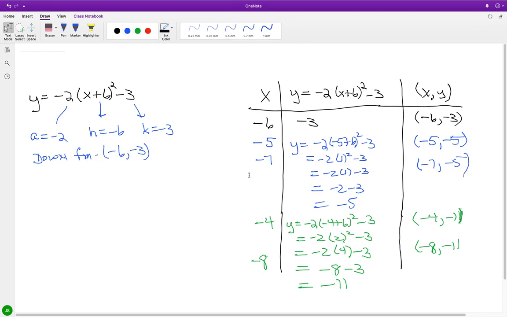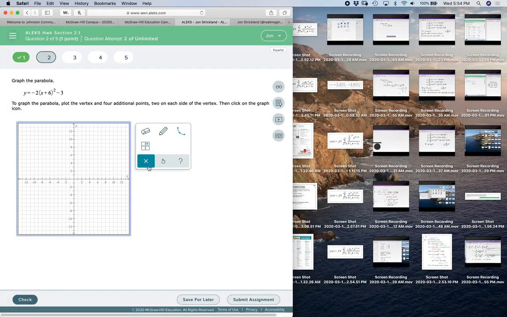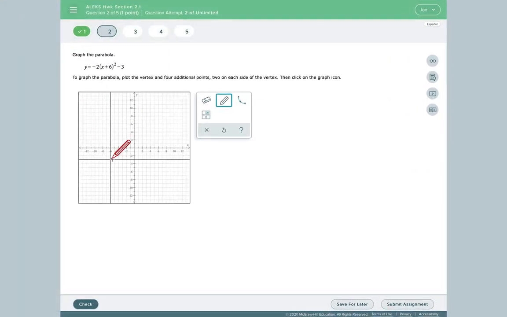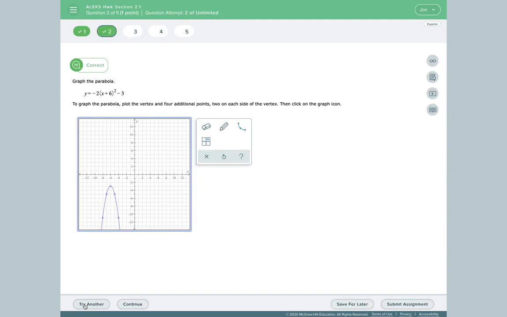Alright, so reverting back to the graph, with our points, again I have negative 6, negative 3, and I have negative 7, negative 5, also negative 5, negative 5, and spreading it out, I have negative 4, negative 11, and negative 8, negative 11, and connecting, and upon checking the result, that is correct.